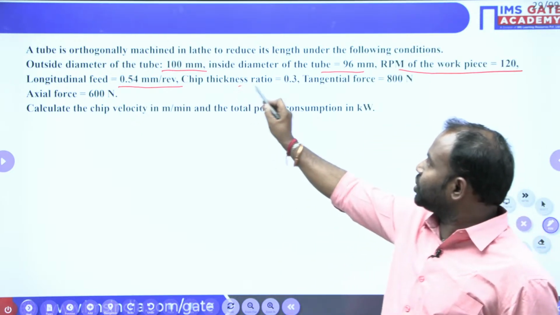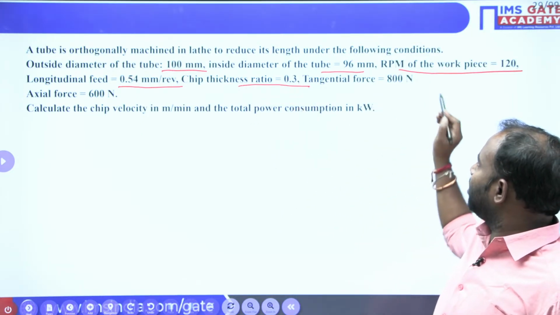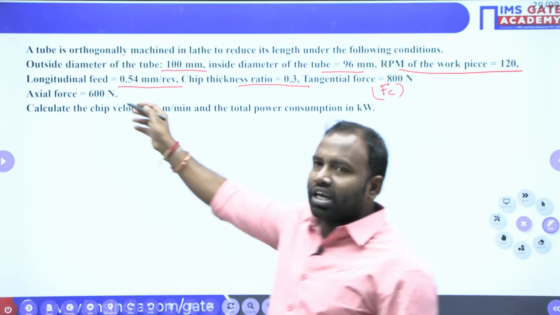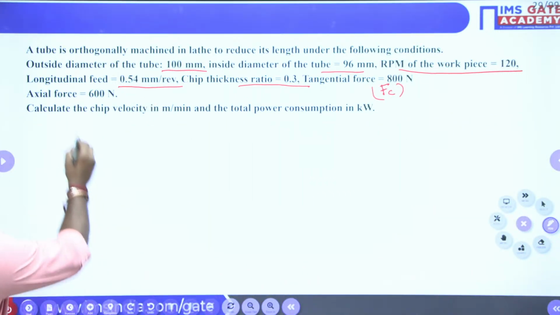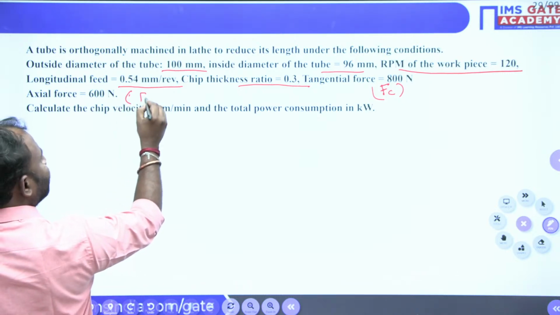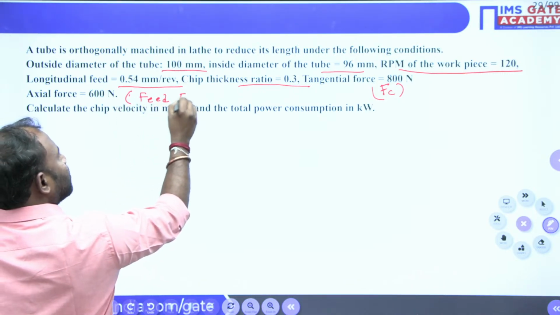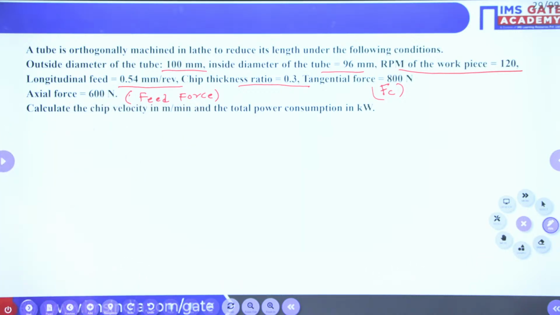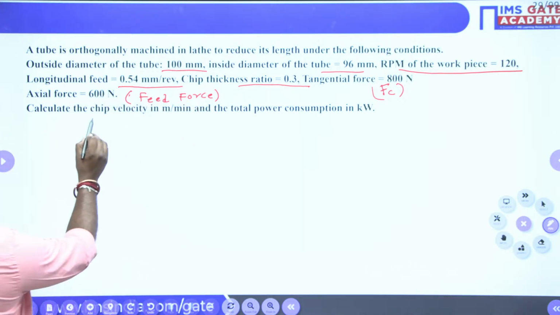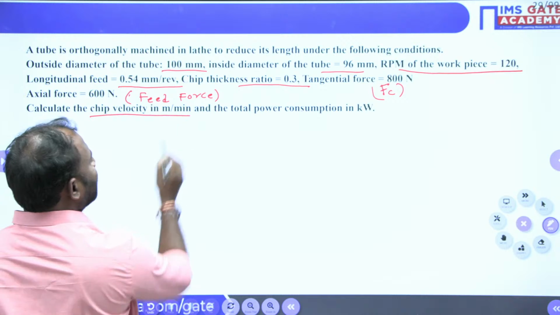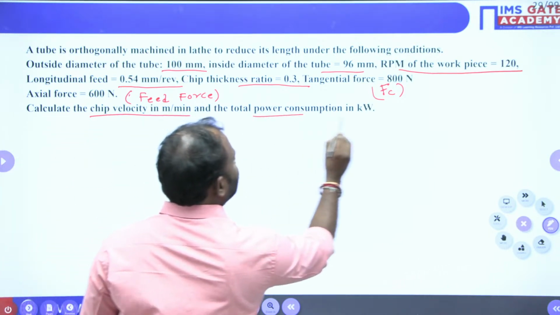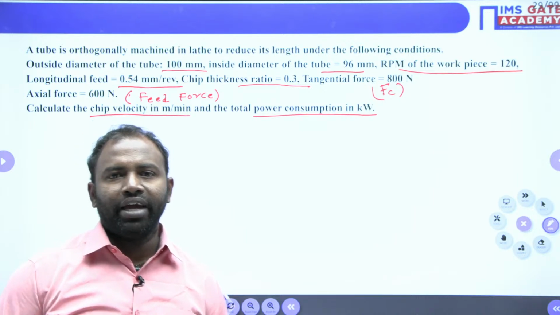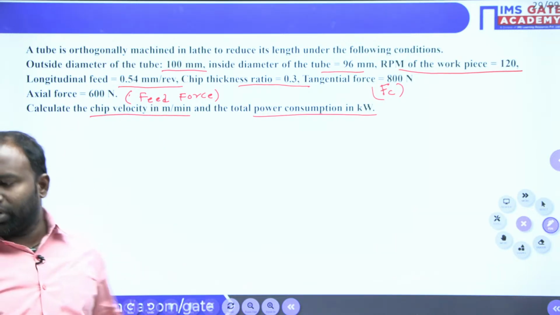Chip thickness ratio is 0.3. Tangential force, that is FC, is 800 newtons. Axial force, that means feed force, is 600 newtons. We have to calculate chip velocity in mm per minute and total power consumption in kilowatts for this machining operation.